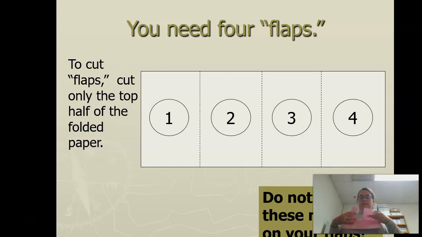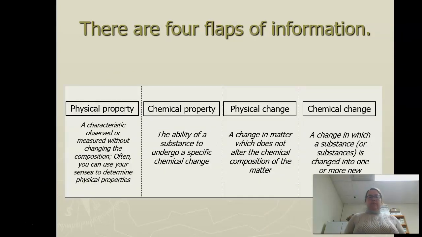We're going to write something on them, but we want to make 4 flaps, just like so. On our first flap, you're going to write on the outside physical property. So on the outside, right here, write physical property.